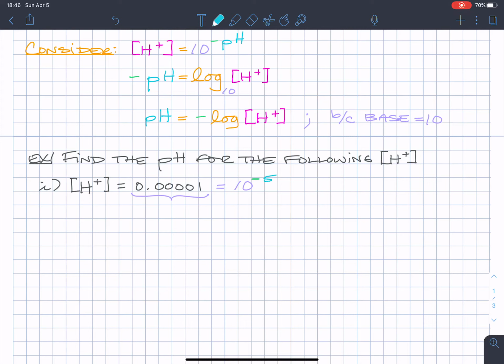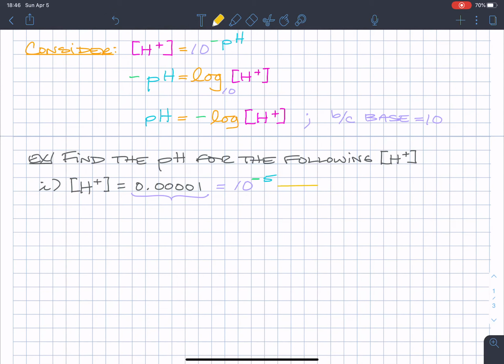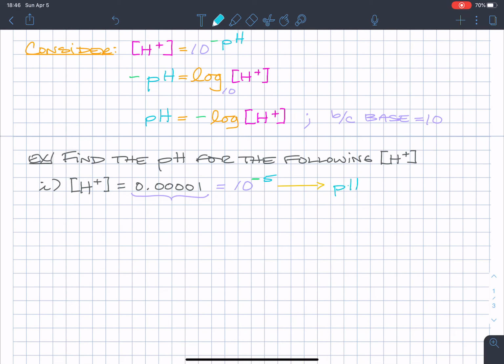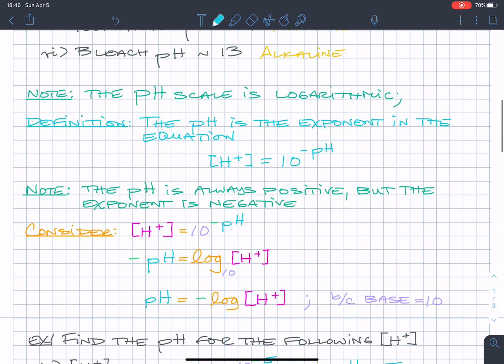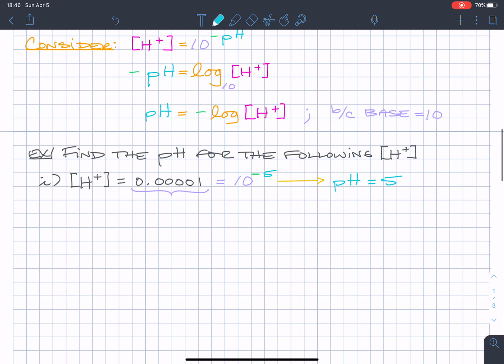Remember, we count the 0 preceding the decimal when we're going backwards. So this means that my pH, which is the exponent here, is positive 5, right? And note that positive 5 is acidic, right? So I can say this is acidic.